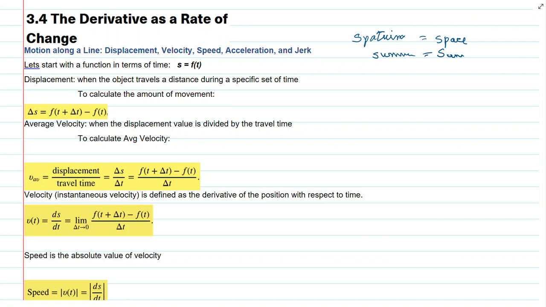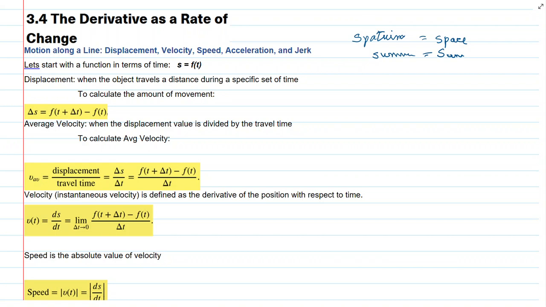And it says displacement, and these are all vocabulary words that imply some form of derivative later on. Displacement is when the object travels a distance during a specific set of time. To calculate it, we take the final position minus the origin, or start, and that's just distance.